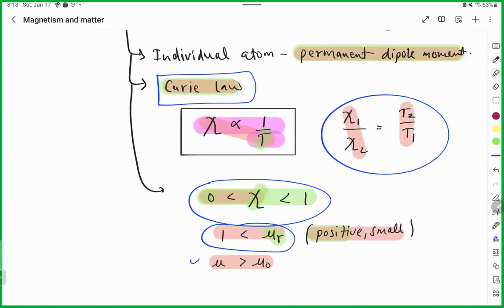Tuhina, if you compare mu and mu naught, what was the condition in case of diamagnetic material?